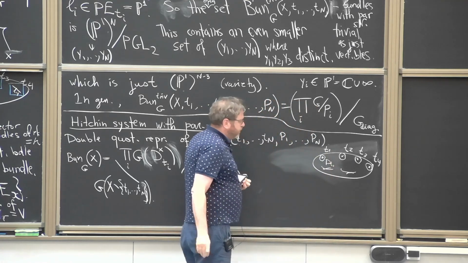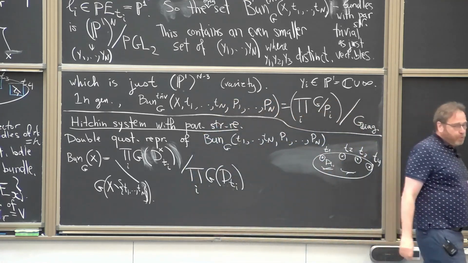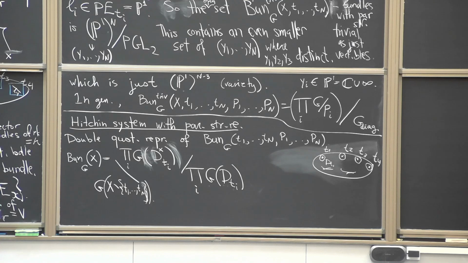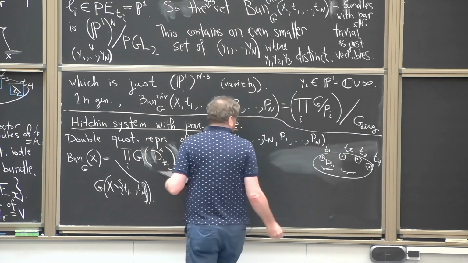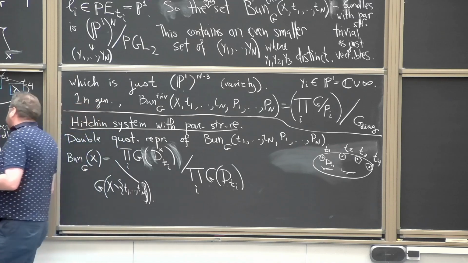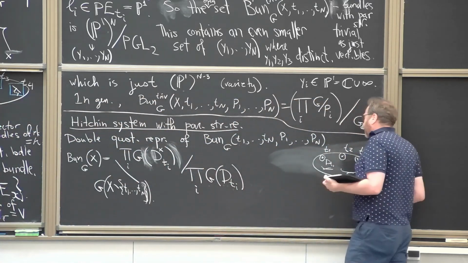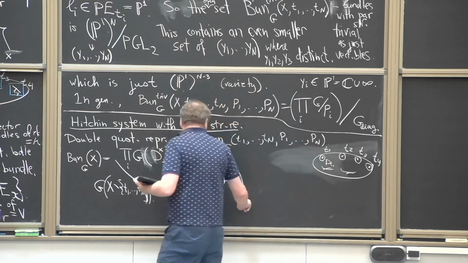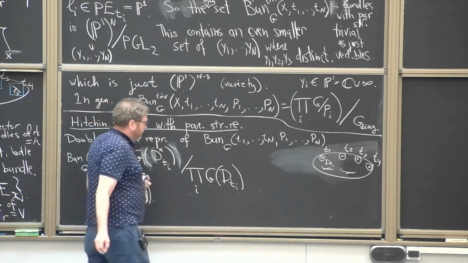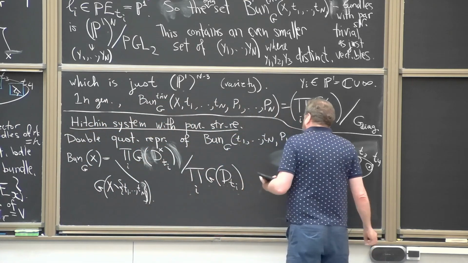And we're using two charts. One chart is the union of those disks. The other chart is the complement of these points. So the parabolic structures are local structures at the points Ti. This means that we have to change something on this side. And in fact, it is clear what we should do.